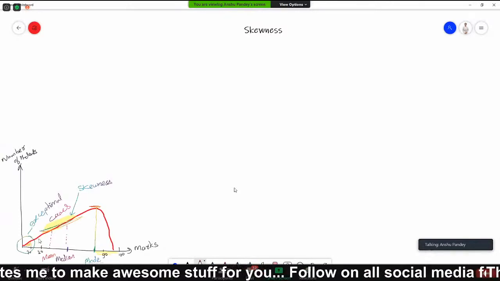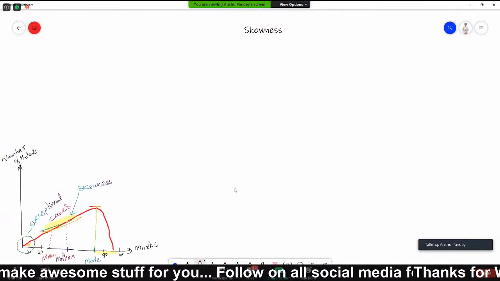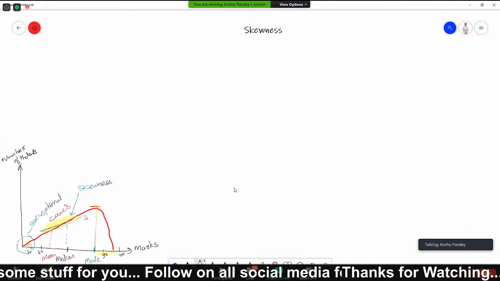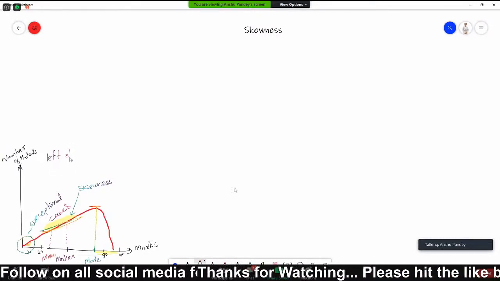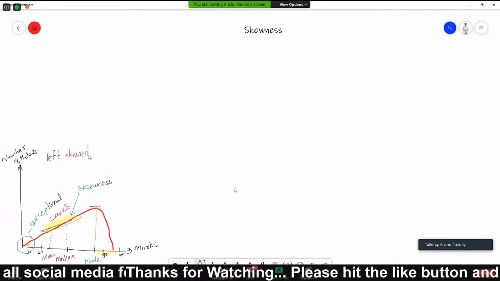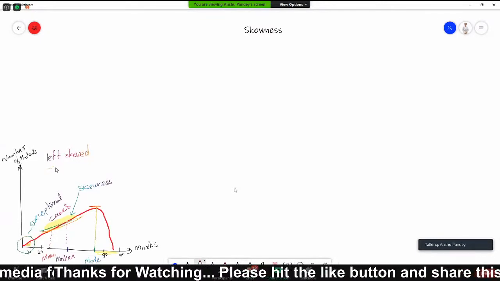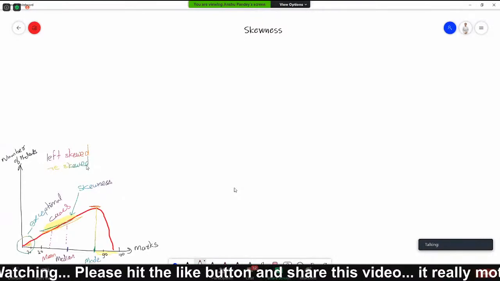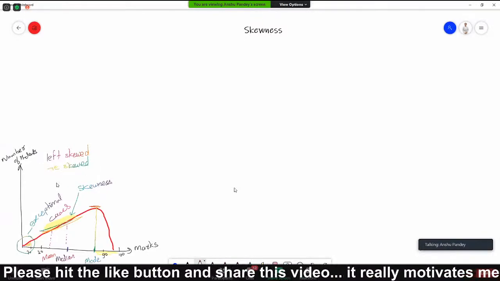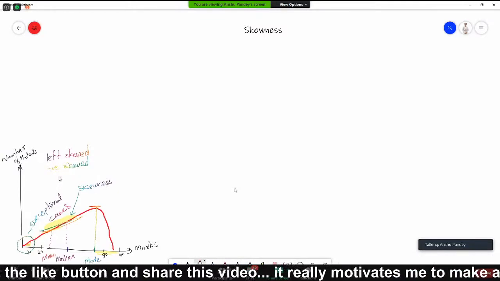Here the mean is shifting below the median; it is less than the median if you look at the marks. So we call this distribution a left skewed or negative skewed distribution.